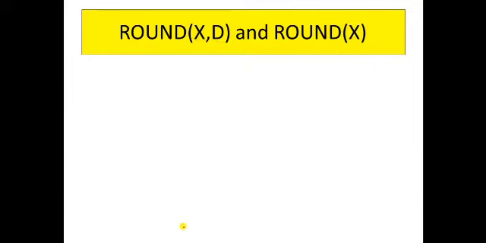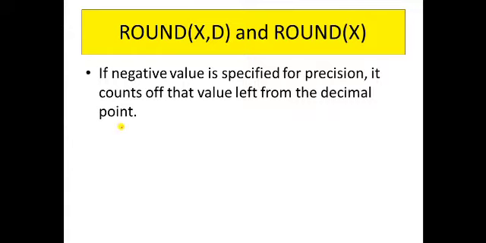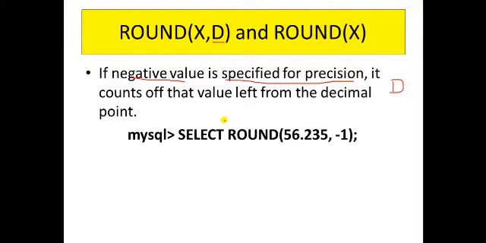Now let us see the next format of the round function, in which a negative value is specified for the precision. That is, D is negative. What will happen then? Then the round function will look at the left of the decimal to round off. Like this is -1, so it will look here.